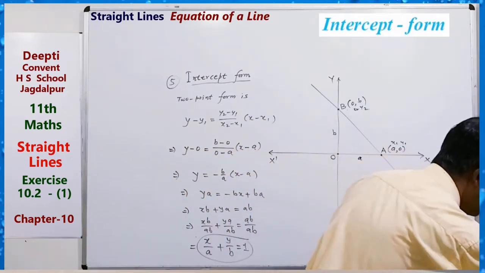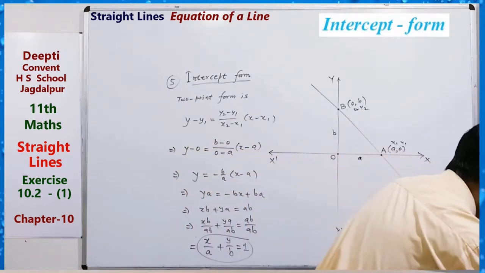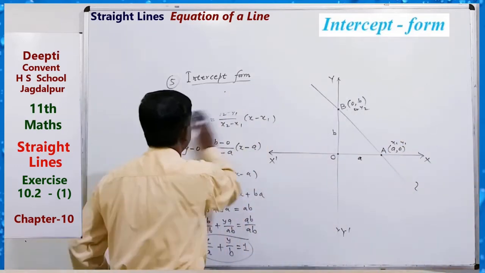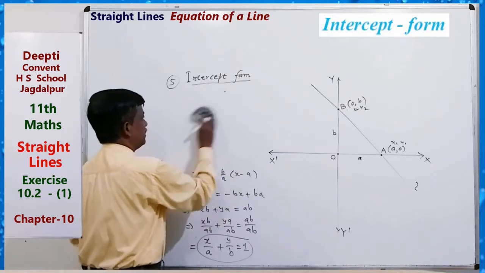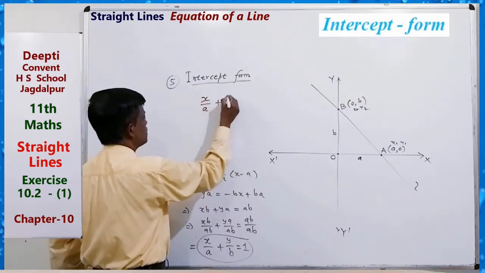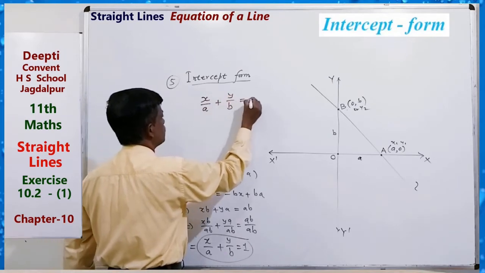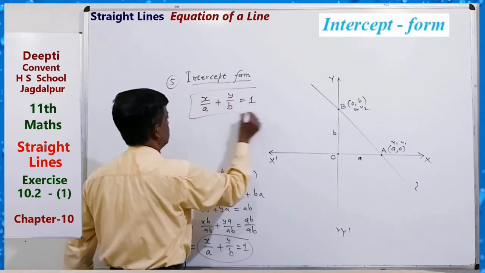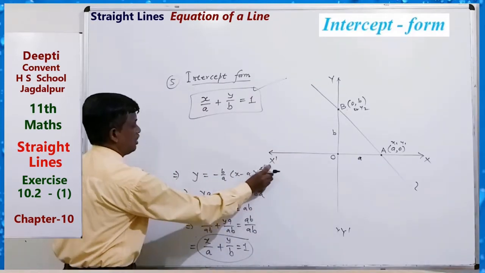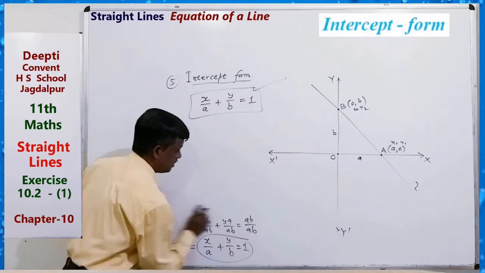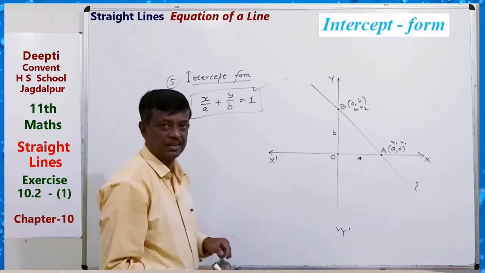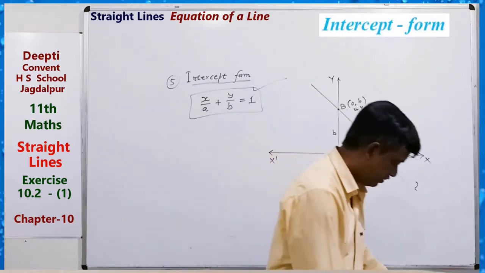So intercept form is very simple for writing: x by a plus y by b equals 1. A is the x-intercept, B is the y-intercept. So this is the intercept form of the equation of a straight line in the two-dimensional plane.